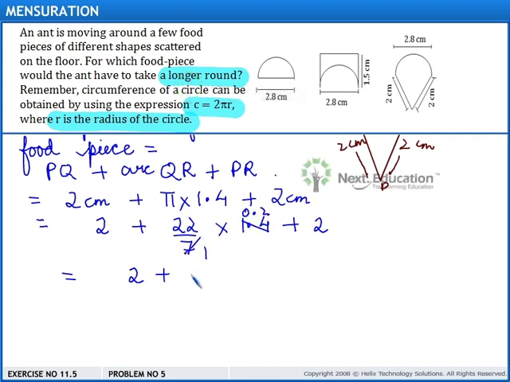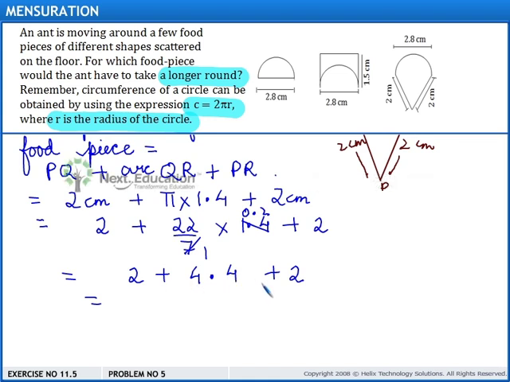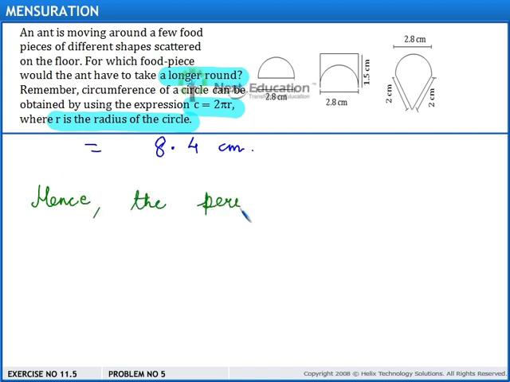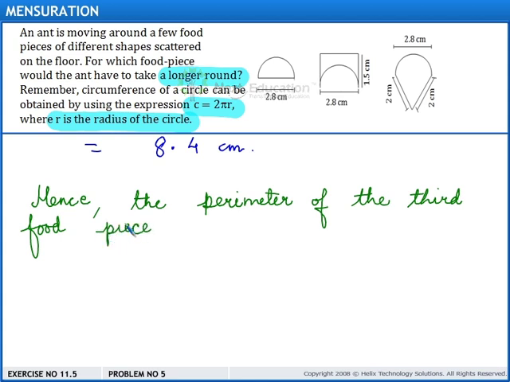So this gives 4.4 plus 2. So that is equal to 2 plus 4.4 is 6.4 plus 2 is 8.4. So we get 8.4 centimeter. Hence, the perimeter of the third footpiece is 8.4 centimeters.